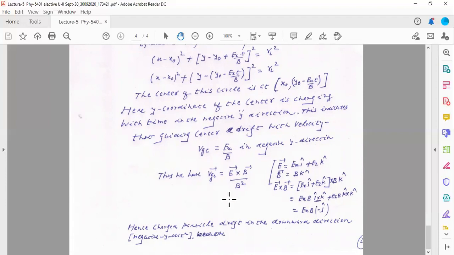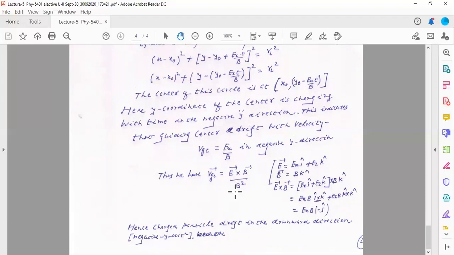It simply depends upon the strength of the electric field and the strength of the magnetic field. And we want to understand the physical interpretation of the electric drift, which plays a very important part in understanding the motion of a charged particle in uniform electric and magnetic fields.